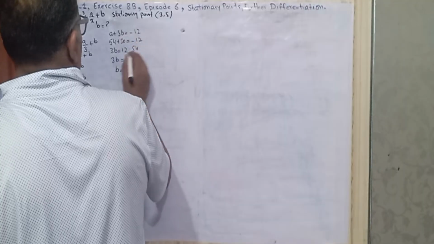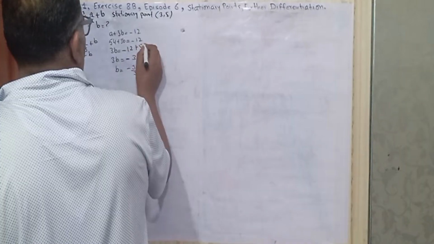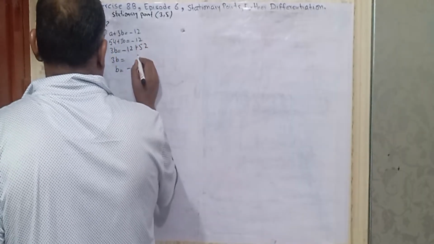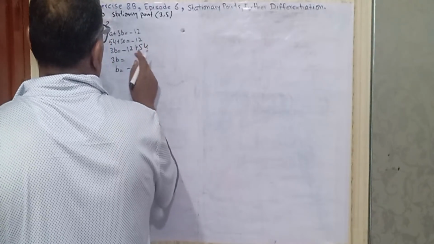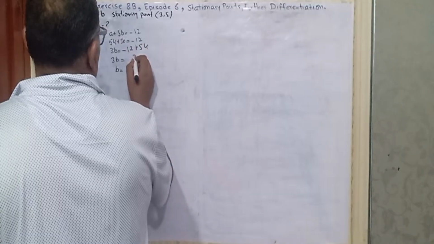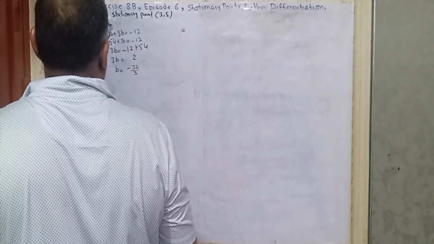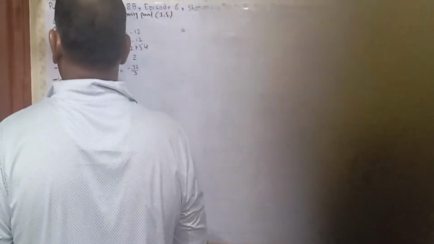This is minus 12 plus 54. So what happened here?